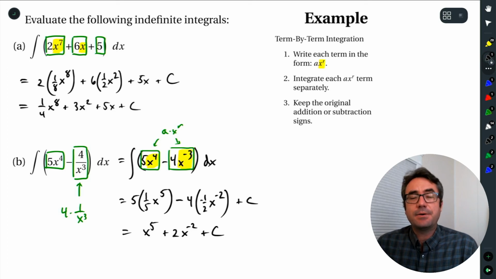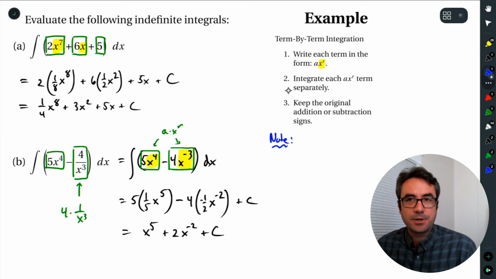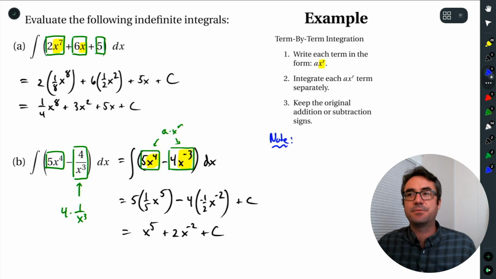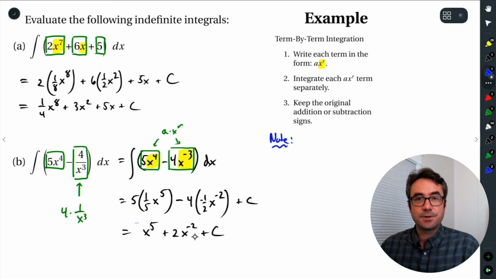Now, the nice thing about integration is we can always check our answer. This goes beyond term-by-term integration. This idea of being able to check our answer, we can do it for any integral that we can calculate. The way you check your answer is you start with your answer and you differentiate it.